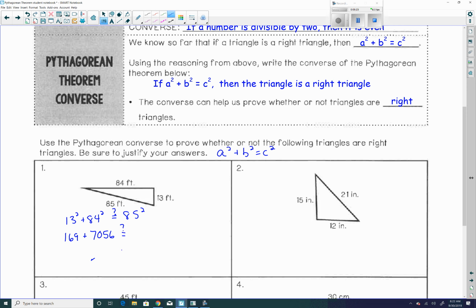And does that equal 85 squared, which is going to be 7,225? So when I add together 169 plus 7,056, I get 7,225, and that does equal 7,225. So yes, this is a right triangle.